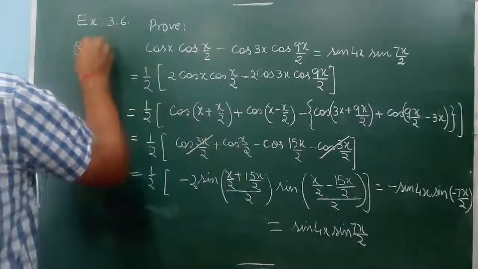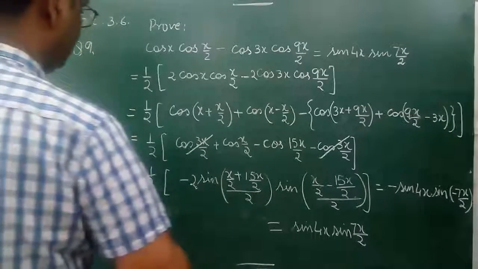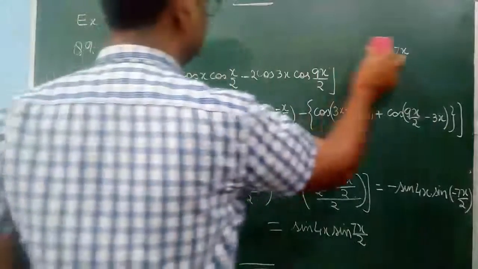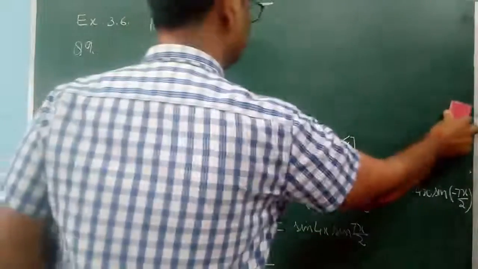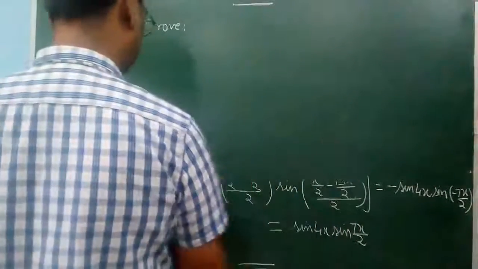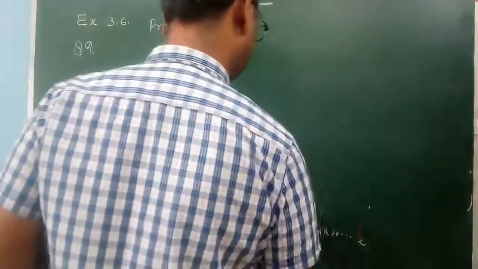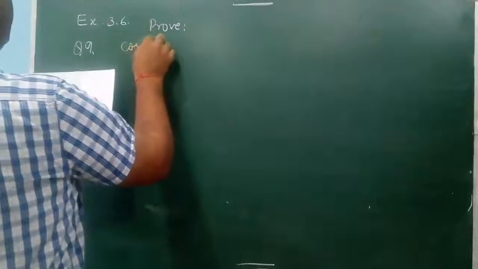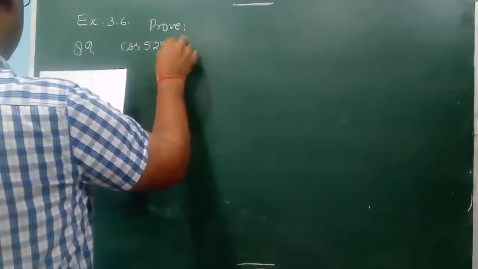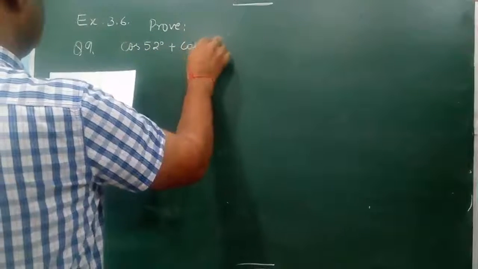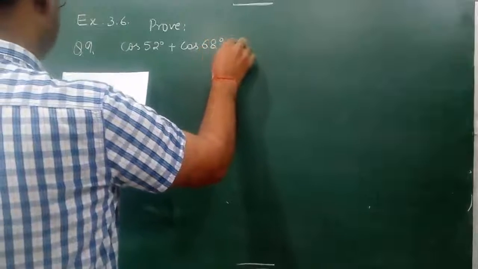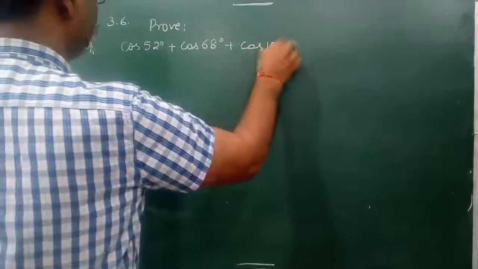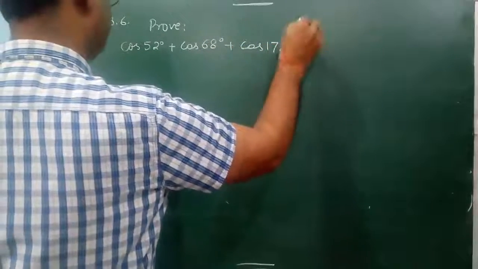Now see the question number 9. Cos 52 degree plus cos 68 degree plus cos 172 degree equal to 0.